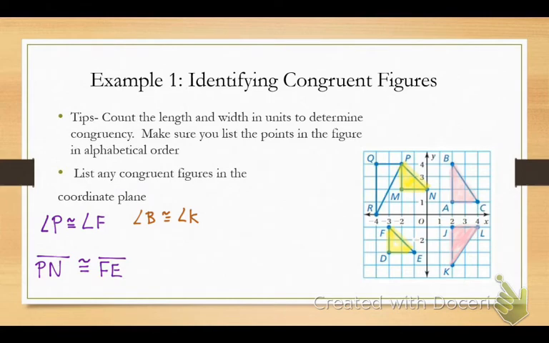All right, so let's do the other ones. What about MN? Just tell me. DE. What about PM? FD. Okay, now give me one pair of corresponding sides for the other set of triangles. Okay, so now we're back to triangles BAC and LJK. Give me one pair of corresponding sides.